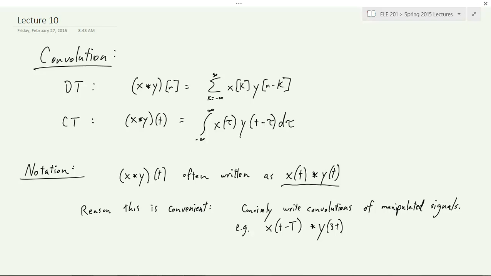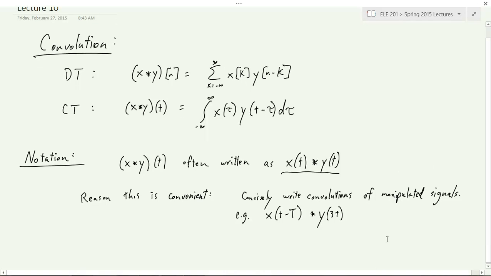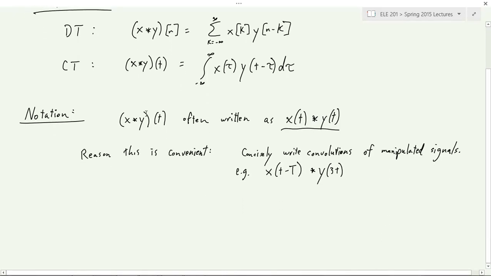If we used the notation on the left, the one I'm saying is more mathematically precise, it says convolve these two signals, and the result is a function of t. That's what this notation means.